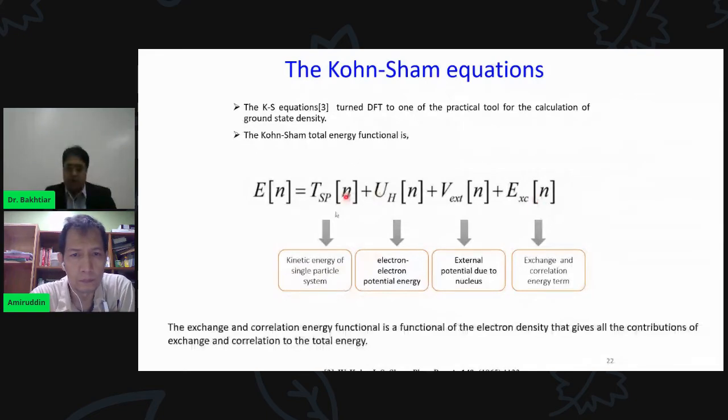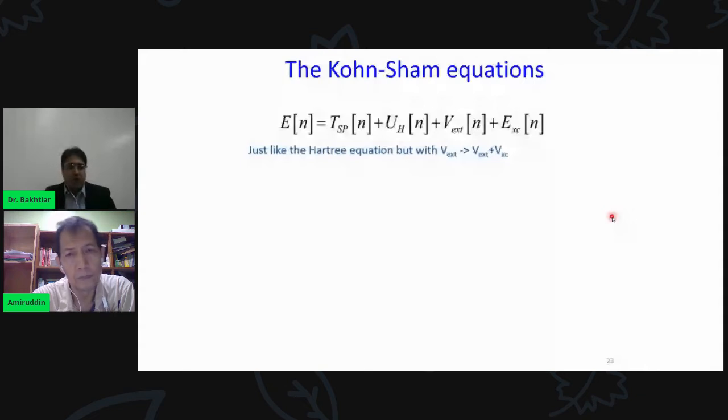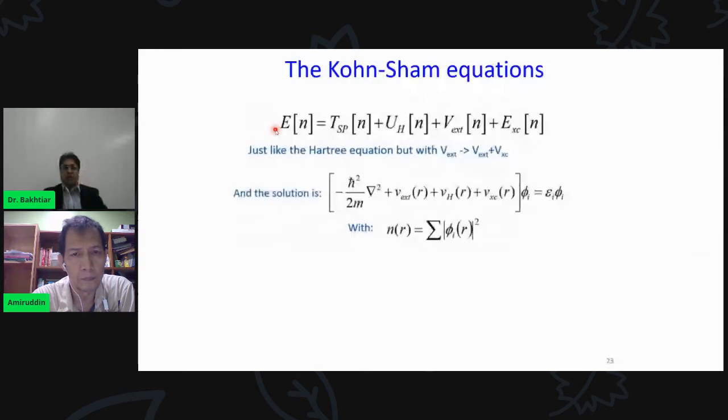The exchange and correlation energy shown here is a function of the electron density that gives all the contributions of exchange and correlation to the total energy. So this is the Kohn-Sham energy functional, and this can be solved by using this Hamiltonian for the energy.